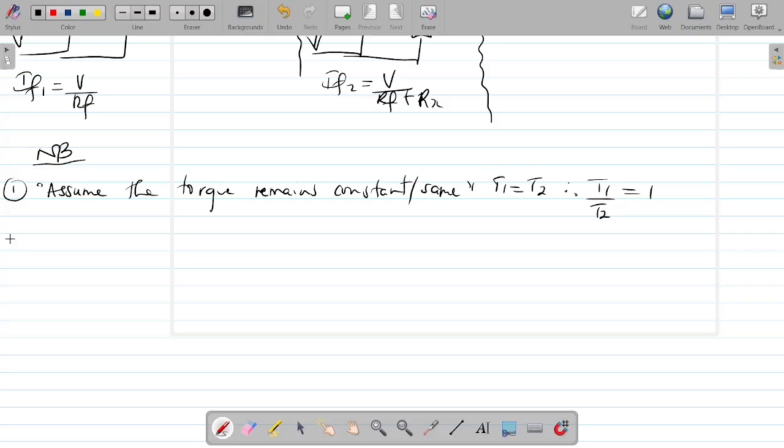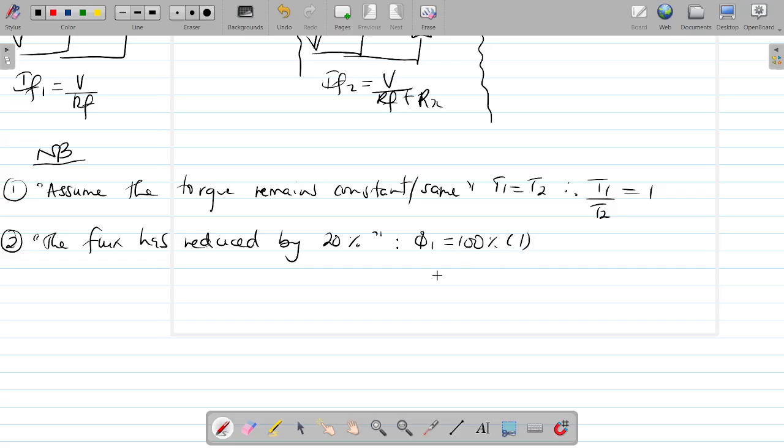The next one, it says the flux has reduced by 20%. In such a case as this one, we always assume the original value. If they're using percentage expressions, then we will assume the original value is 100%, which in per units is the same as 1.